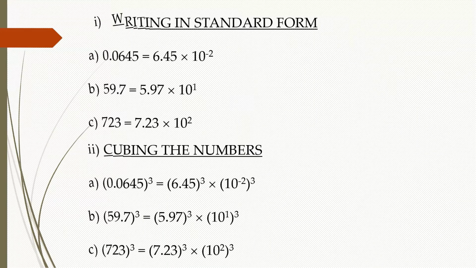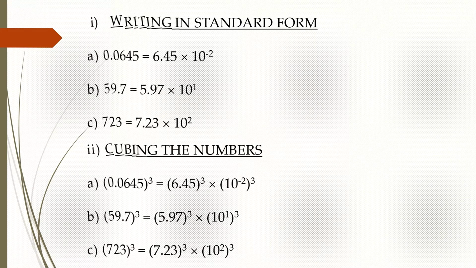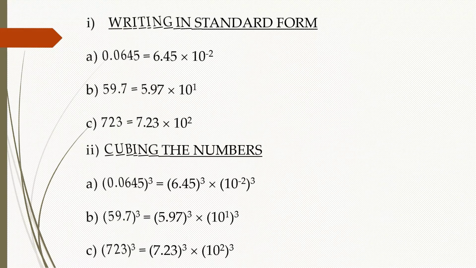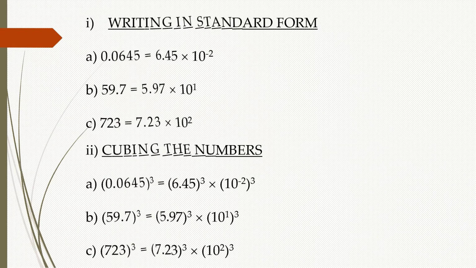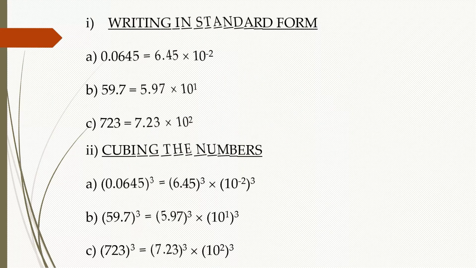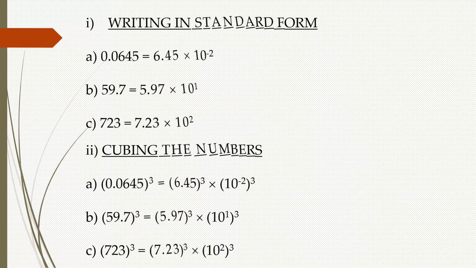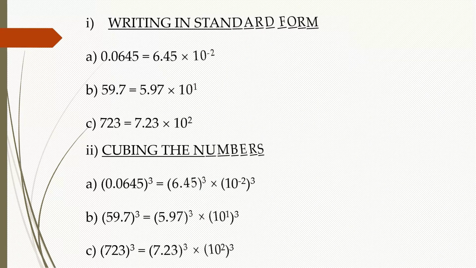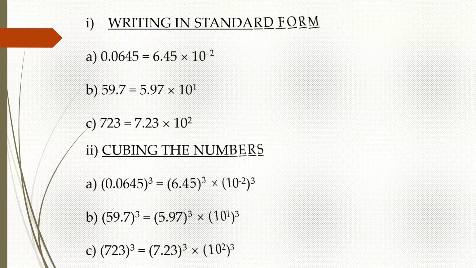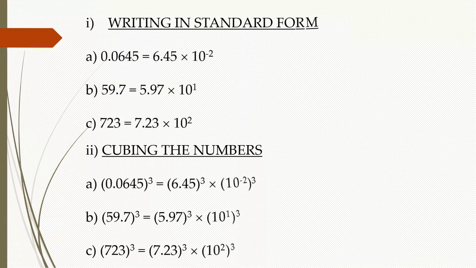I think that's a very simple exercise. If you look at all these numbers, 6.45, 5.97, 7.23, all fall under our rule that the a must be between 1.0 and 9.999. And then we cube that, so we just apply power 3 for all these numbers.